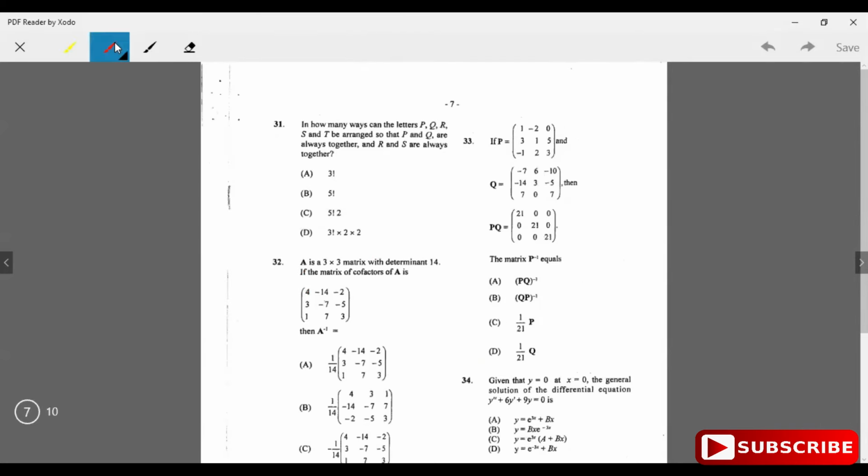All right. What's question 31? Repeat, sir. In how many ways can the letters P, Q, R, S, and T be arranged so that P and Q are always together and R and S are always together?